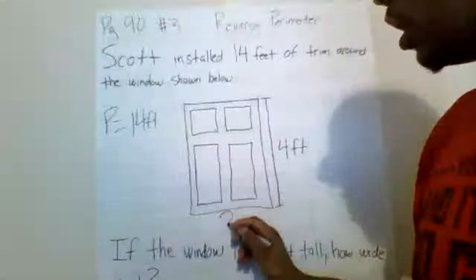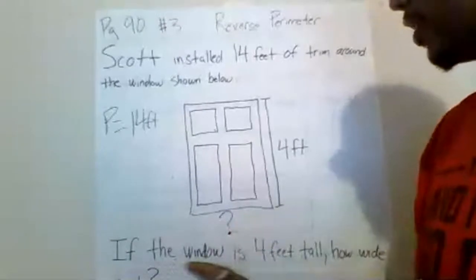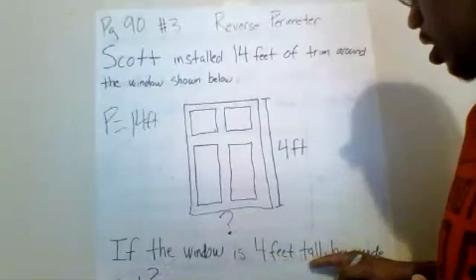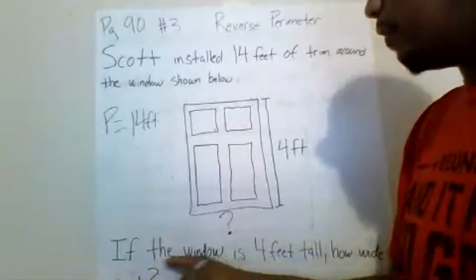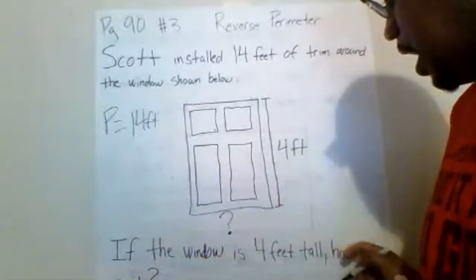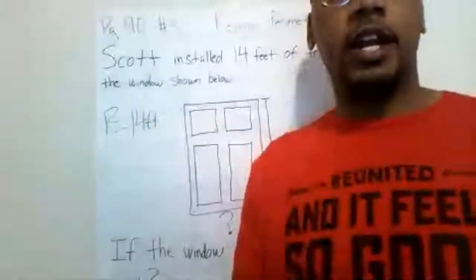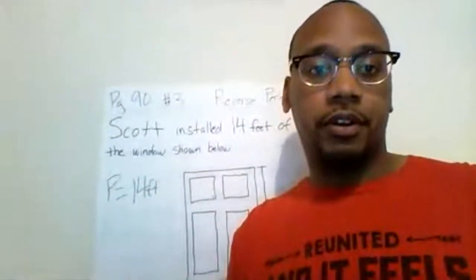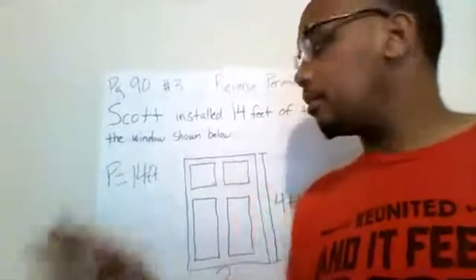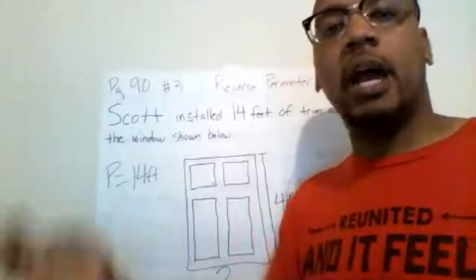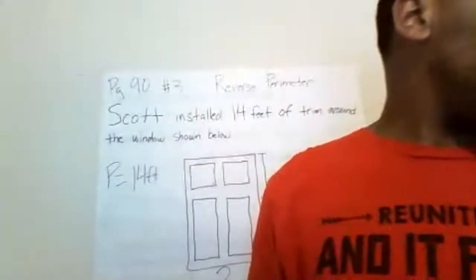Your goal is to find this. It says, how wide is it? If the window is 4 feet, how wide is it? So your goal is to find that width. That's reverse perimeter. I have 14, and I'm going to work my way down.